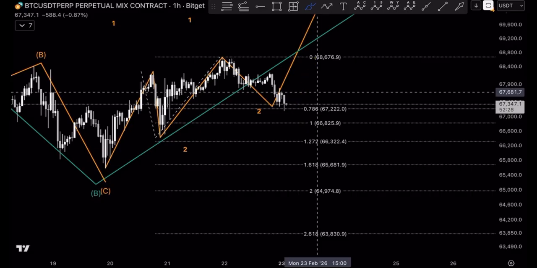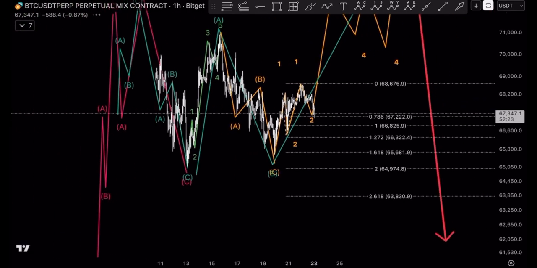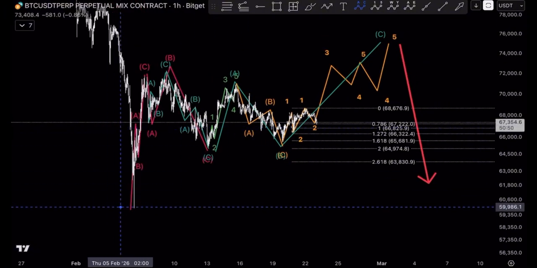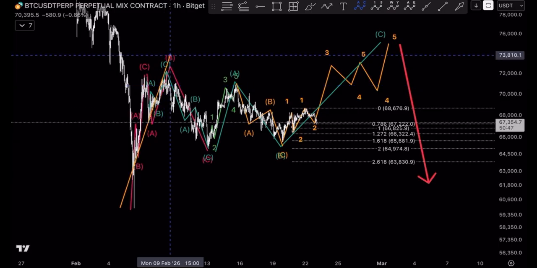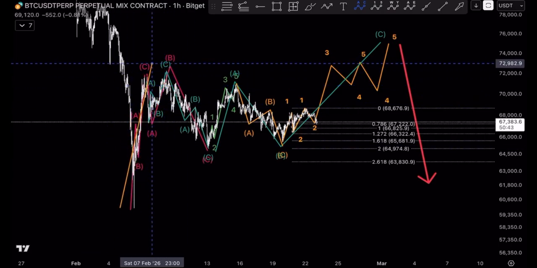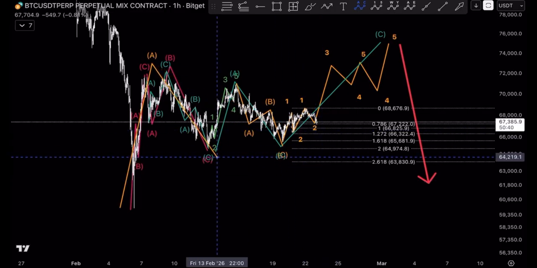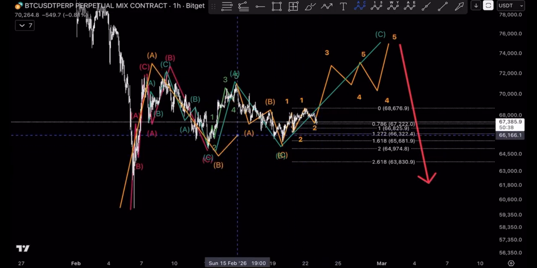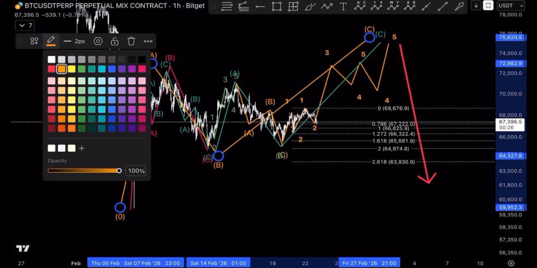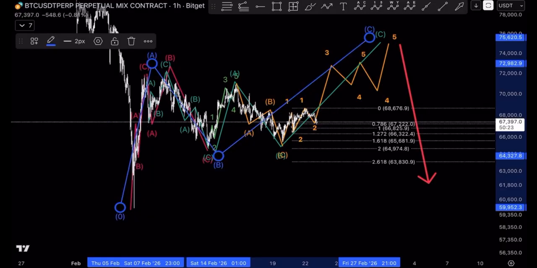Now going back to our original cluster, what I see is a big ABC correction to the upside, A being this one and then B here, followed by a C. I'm going to change this color to, let's say, blue.